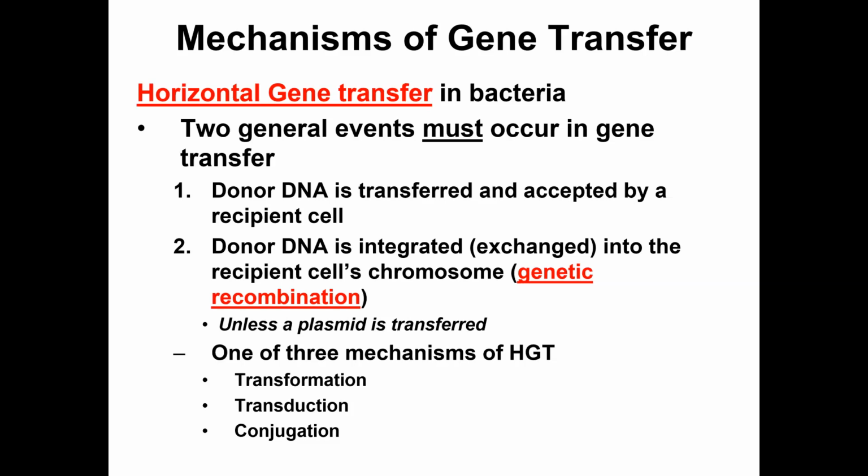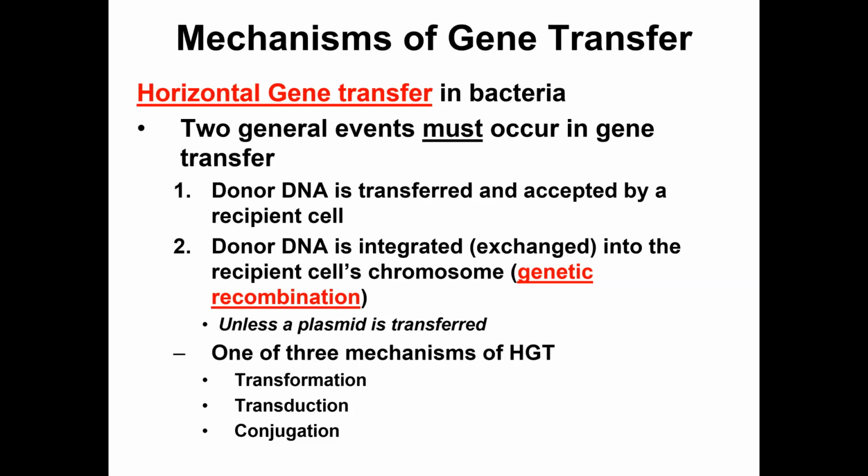So two things must happen, two criteria must be in place for horizontal gene transfer to occur. First thing is you need a donor cell. Second thing is you need a recipient cell, because we're going to move DNA between donor and recipient.